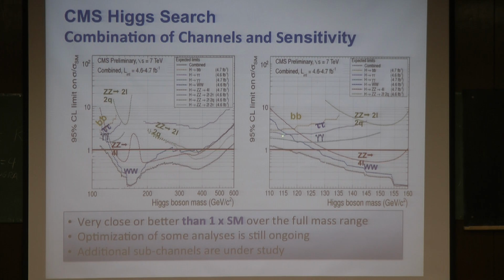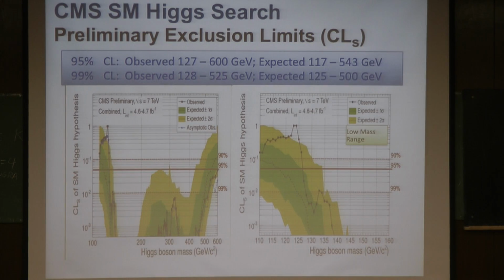So this is what we saw in the beginning for the expected, but now these are the observed. And we still see that indeed, where we expect the WW to take over because of the 1 sigma, it's almost the same as the gamma gamma, but we should not underestimate the sensitivity of the gamma gamma, of the WW.